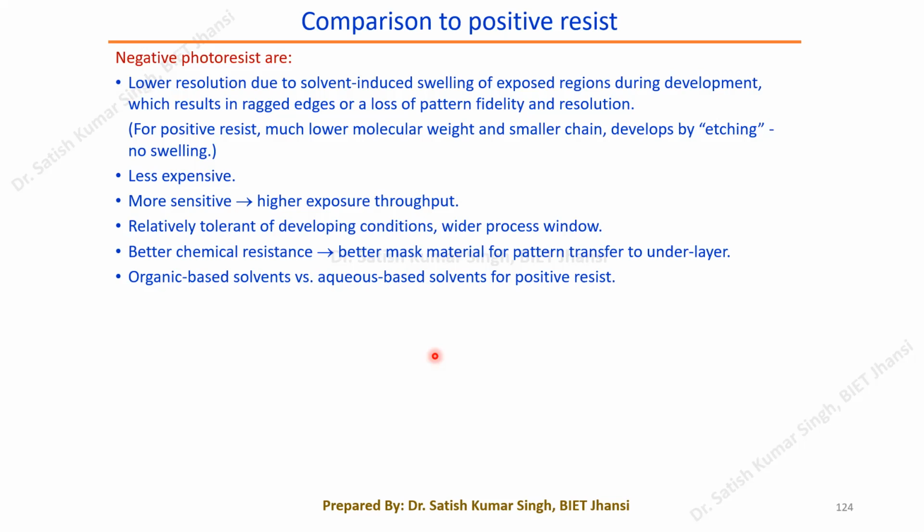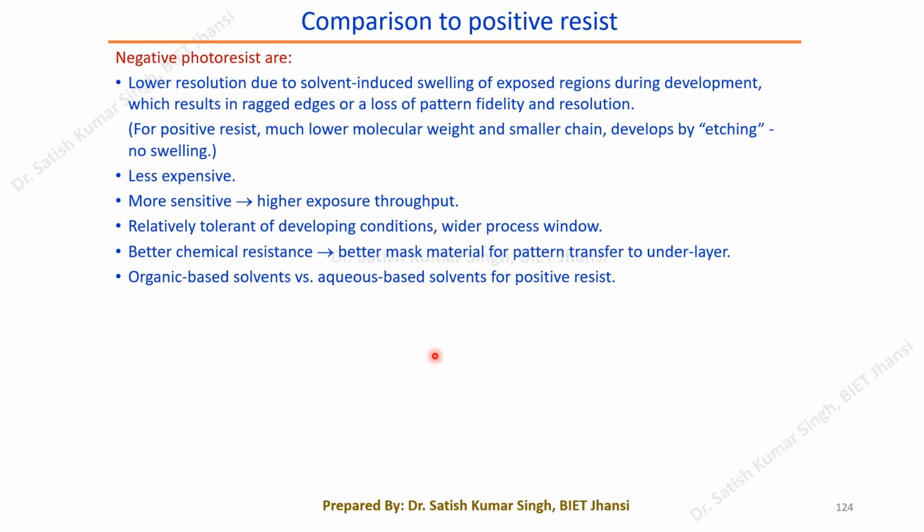But because we want to make ICs or transistors with very small feature sizes, resolution is a very critical factor. Therefore, although it is less expensive, we mostly use the positive photoresist rather than the negative photoresist.